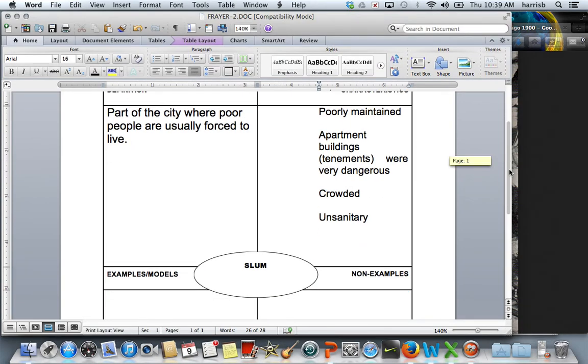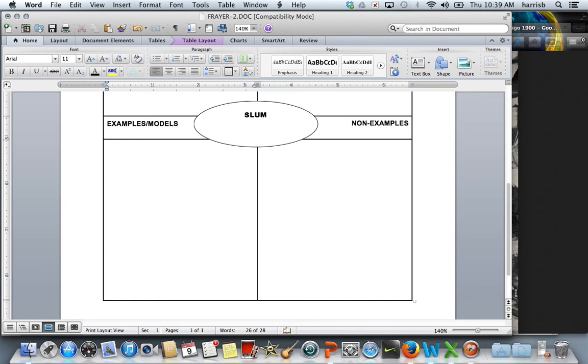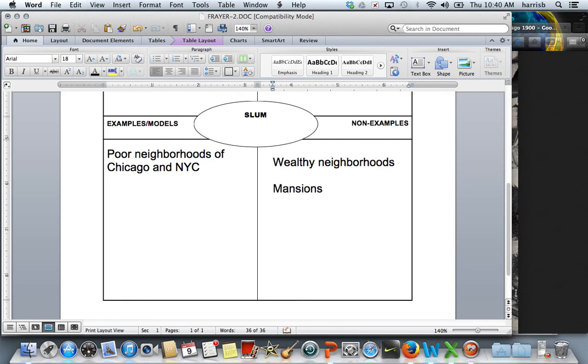Now, examples. Kind of like the last term, poor neighborhoods of Chicago and New York City were the most common. Now, a non-example of a slum would be those wealthy neighborhoods, mansions.